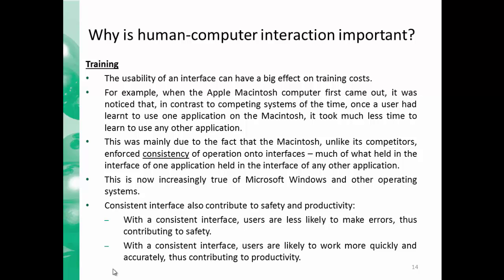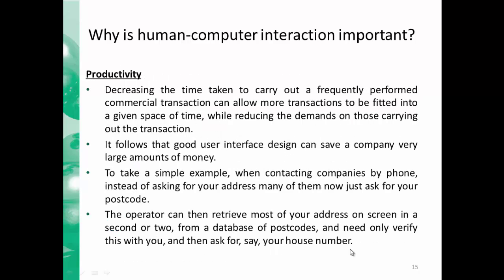People will be able to do things faster and raise their productivity because the user interface is helping them to perform tasks in a much faster way. So productivity is a very important result of having very good human-computer interaction design.